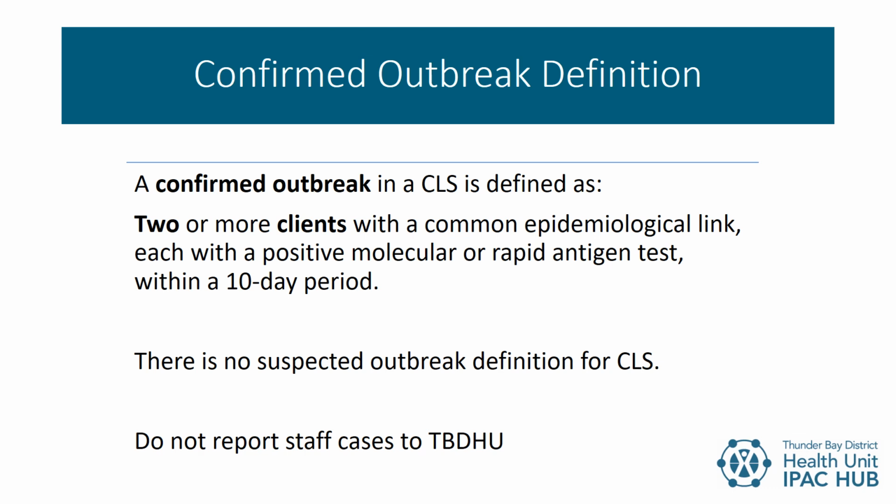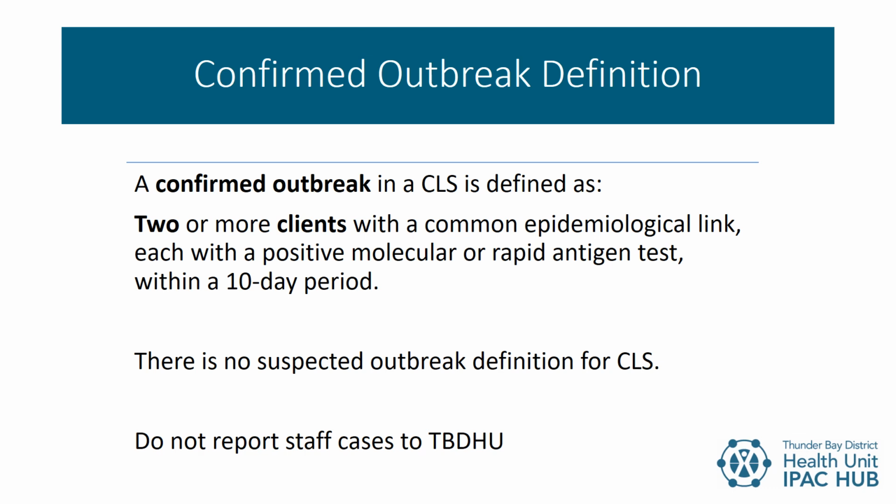A confirmed outbreak in a congregate living setting is defined as 2 or more clients with a common epidemiological link, each with a positive molecular or rapid antigen test within a 10-day period. You don't have to report until you have 2 cases. However, facilities can still call when there is one and if they need additional support or have questions.